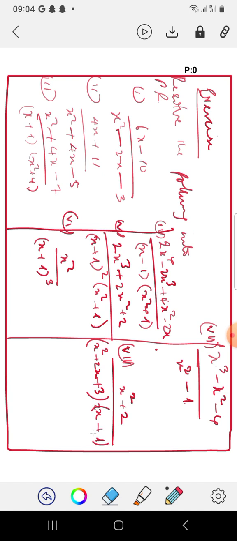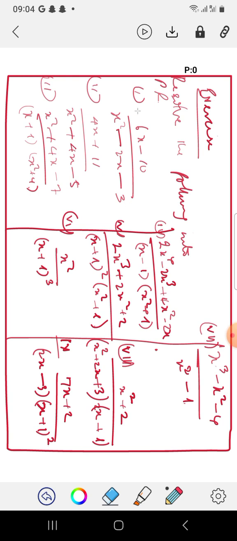All right, I think I still have space for one more: 7x plus 2 over 2x minus 3 and x plus 1 squared. All right, so that should be more than enough for you.